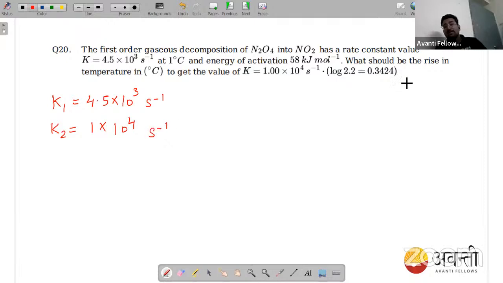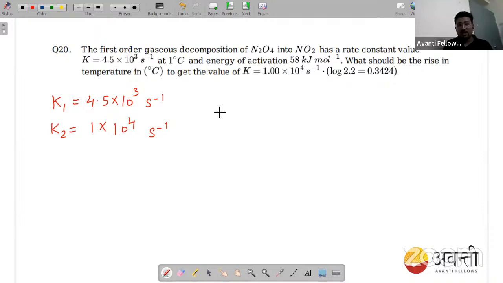Now what do we have to calculate? What should be the rise in temperature in degrees Celsius to get this value of K? So first K is given as 4.5 into 10 to the power 3, and we have to increase the temperature to make the value of K as 10 to the power 4 second inverse. We all know the relation between rate constant and temperature.